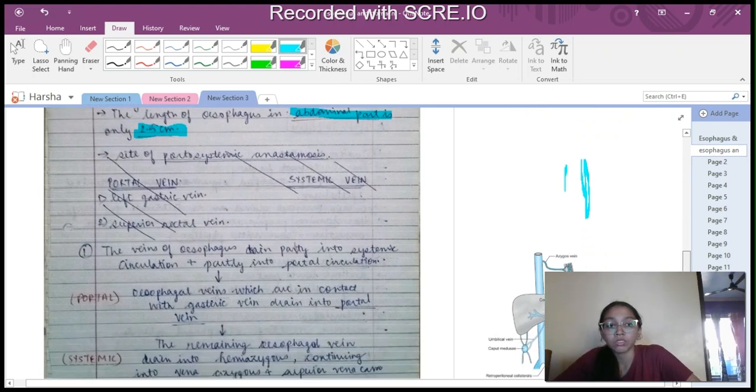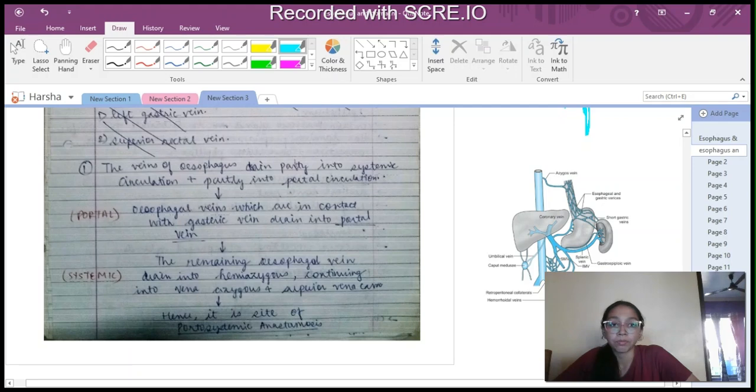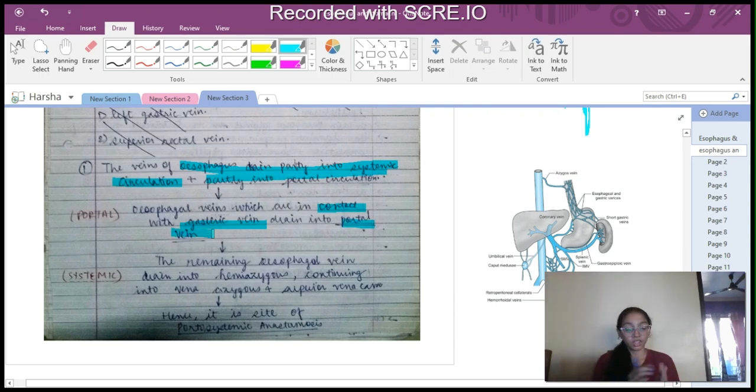Now, there is a special thing about the esophagus: the veins of the esophagus drain partly into systemic circulation and partly into portal circulation. So this is for portal and this is for systemic. What happens in the portal system? Esophageal veins which are in contact with gastric veins drain into the portal vein.